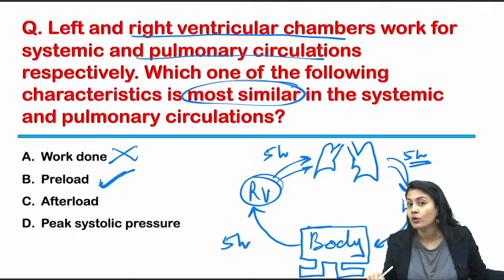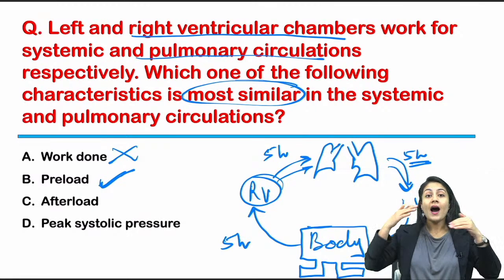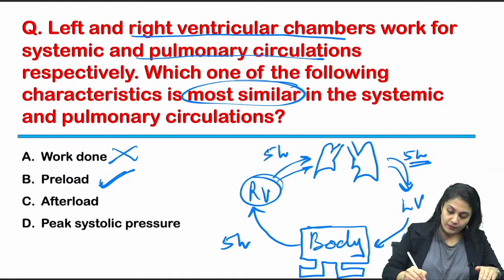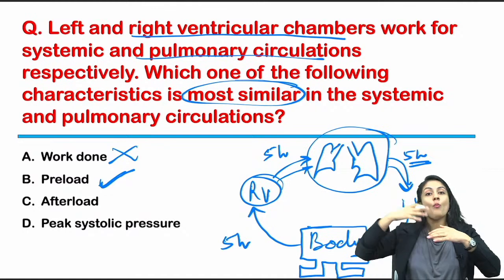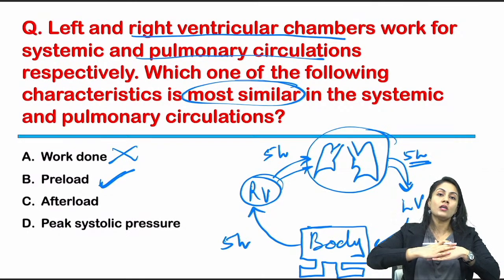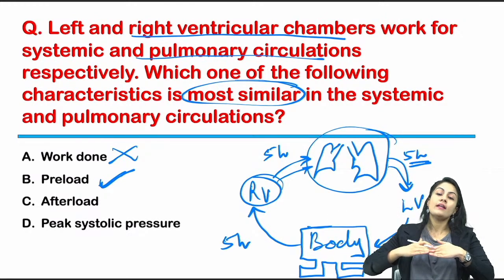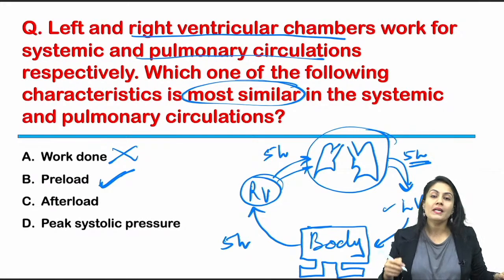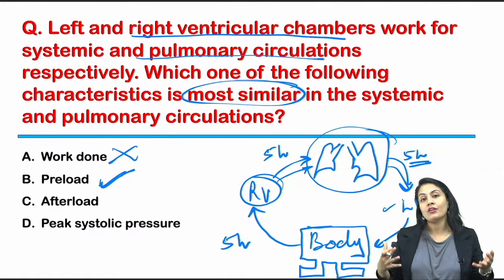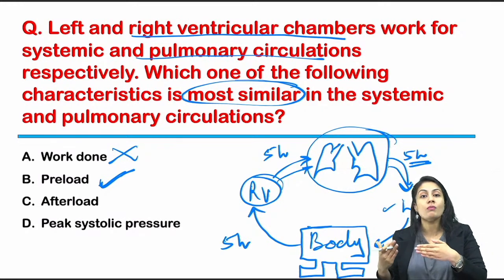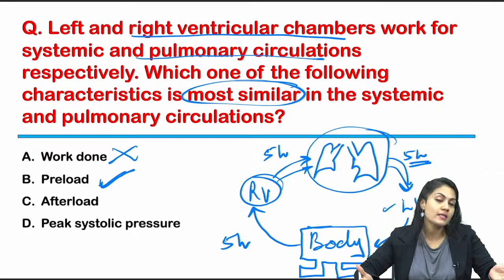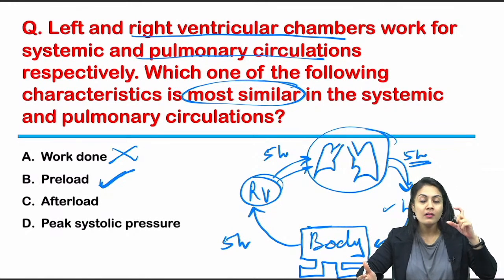What about the afterload? The afterload is the resistance against which the right ventricle has to work, and the resistance against which the left ventricle has to work. We just discussed that the afterload of the left ventricle is much more, because the whole systemic circulation gives much more resistance as compared to the lungs alone.